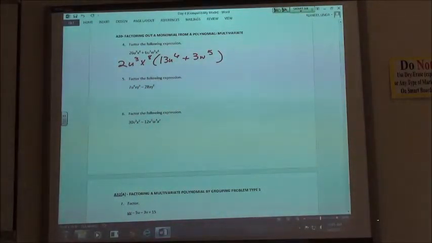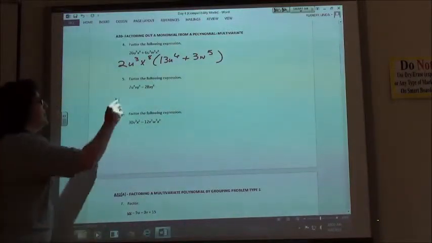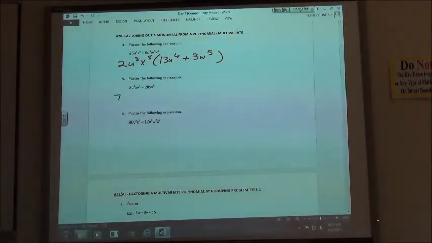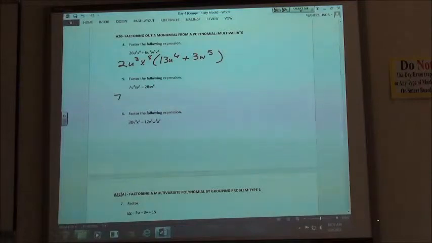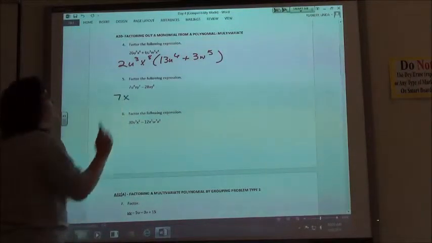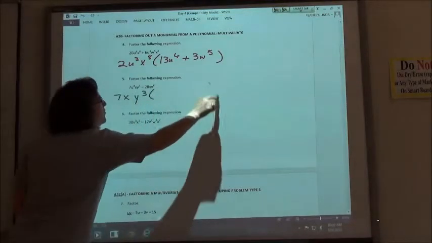Number 5 there, my greatest common factor would be what? Seven x y to the 3rd. 7xy cubed.